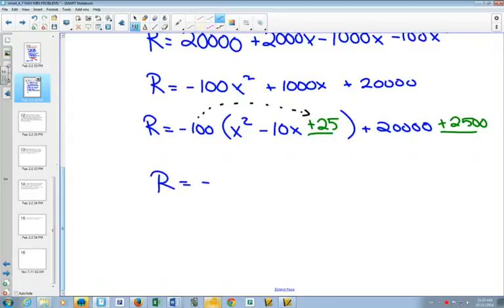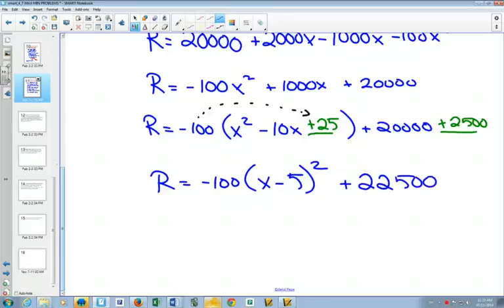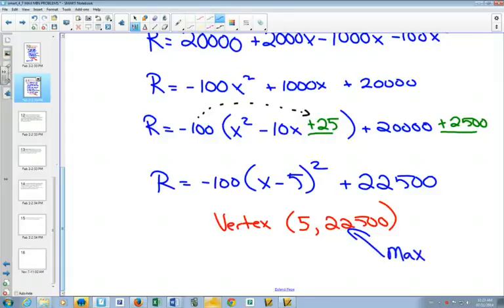So now our equation, we get that our vertex is at 5. This of course stood for our revenue, and this will be our max revenue.